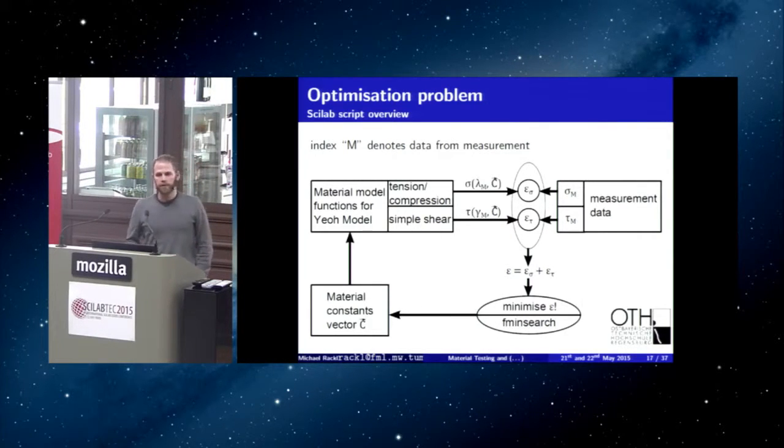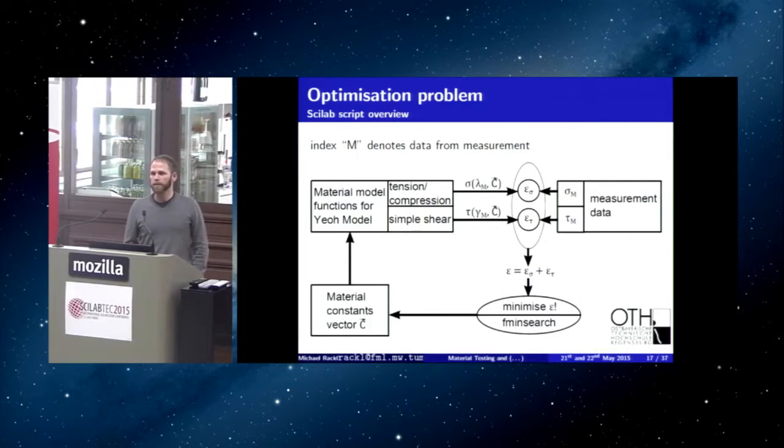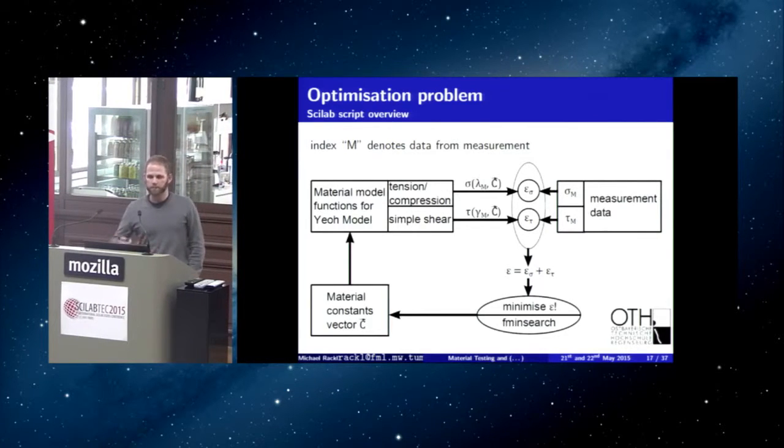Now, how do we do that? Basically, it is a simple optimization problem. It is a regression analysis. So what we did was just specify a starting vector for the material constants, which was sort of arbitrary. Do a computation using the stretch data from measurements, so here and there.